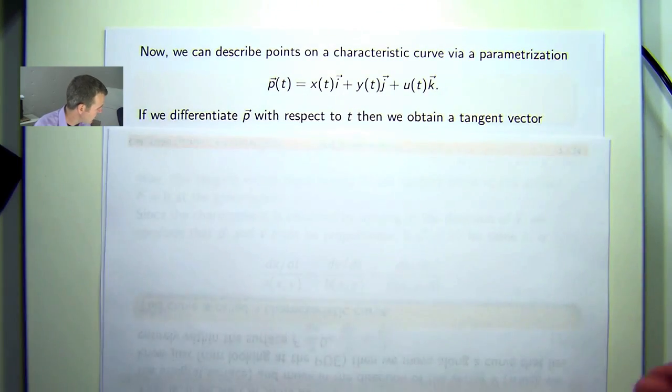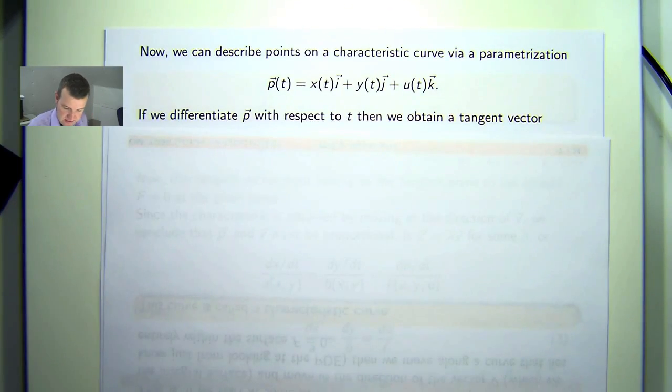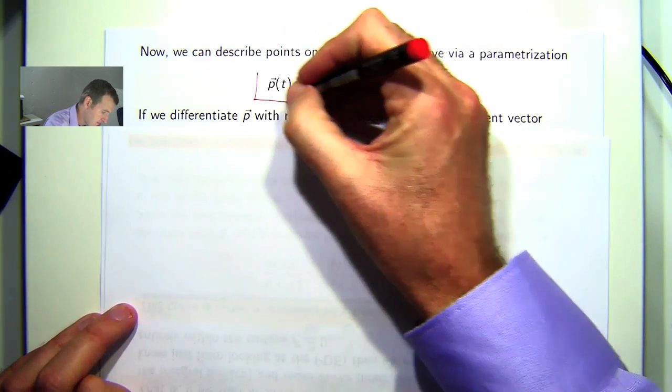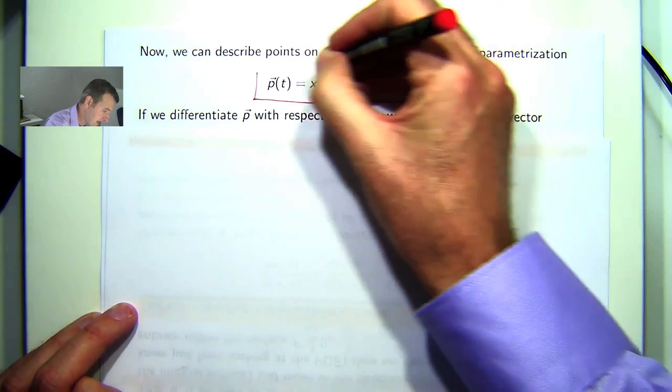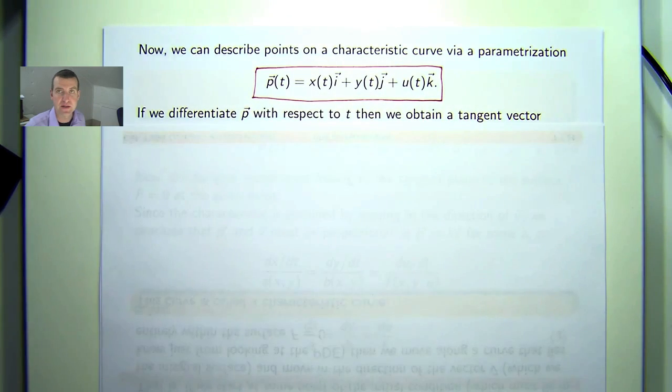Okay, so we know that we can describe, say, a curve, that green curve there, via parameterization. So you've got a curve that's lying in three-dimensional space. We can parameterize it using a vector function of one variable. In this case, the parameter would be t.